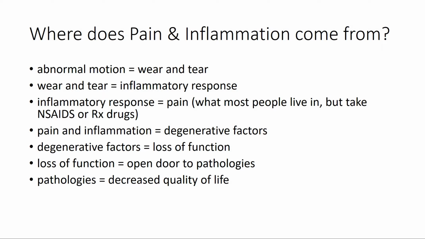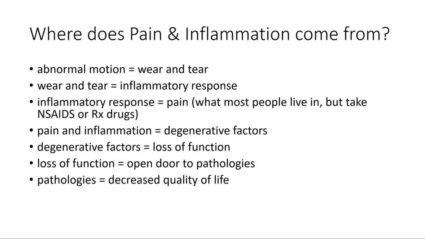Now think back to that article we talked about in one of the other slides, Spine Journal 2005. As the spine goes out of alignment and degenerative factors set in and all sorts of other abnormalities, adverse health starts to set in. Pain increases. Now you have nervous system dysfunction and so on.